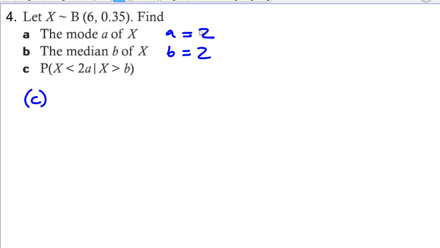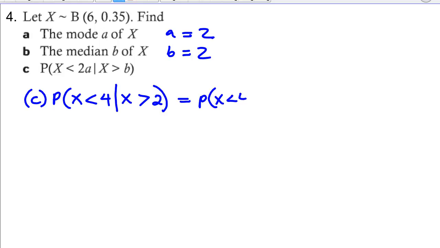Okay. So in C, they're asking us the probability that x is less than 2 lots of A, and A is 2, so probability x is less than 4, given that X is greater than B, which is 2 from our answers. So I can write this as a conditional probability. So probability X is less than 4 and X is greater than 2, over probability X is greater than 2.